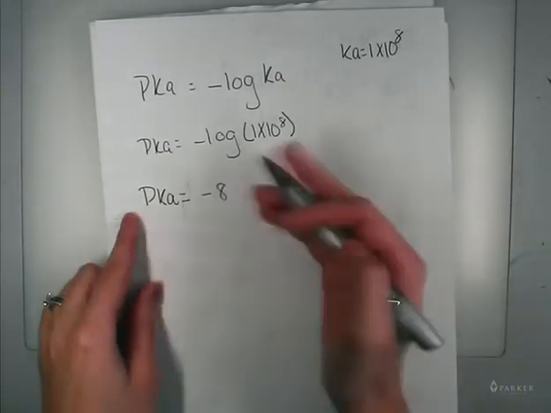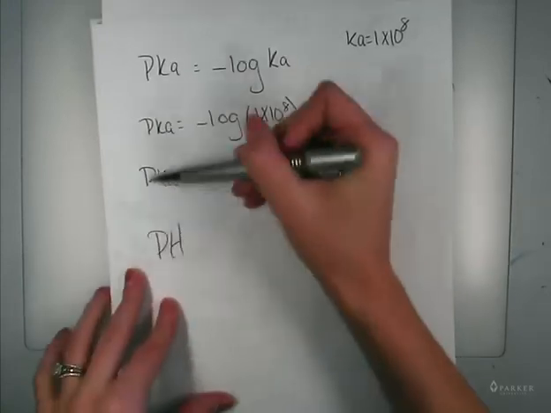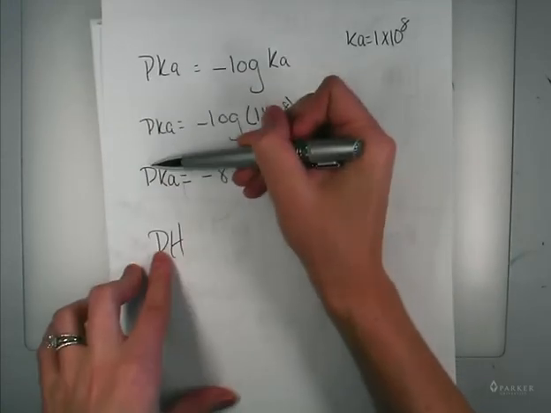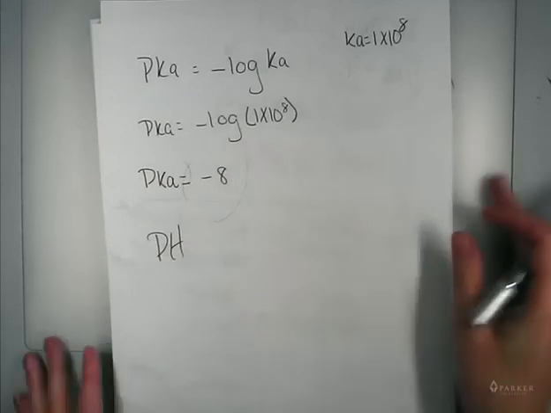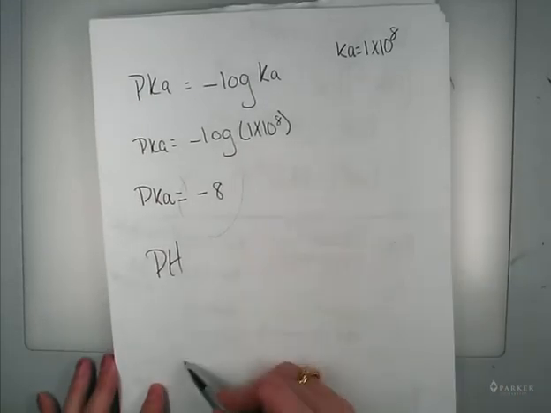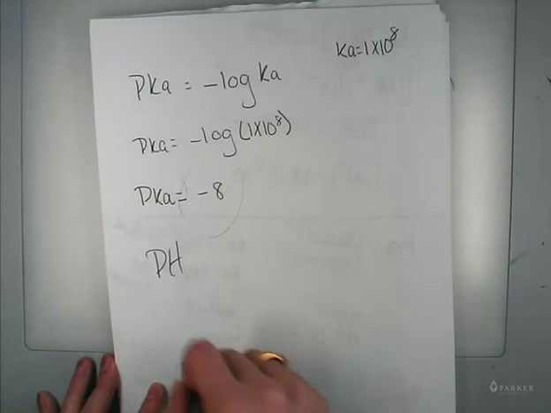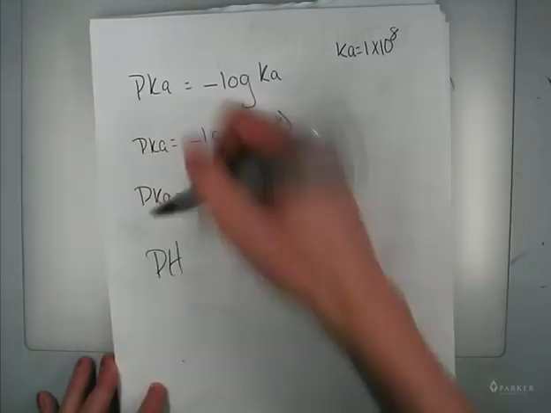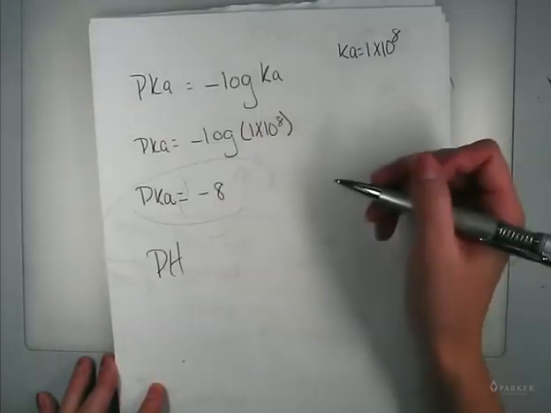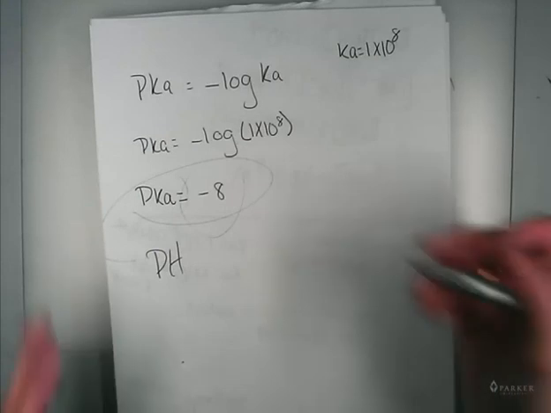Now, do you see that pKa is similar to pH? They both have a P in front of them. The trend is the same. So if I have a lower pH, that means I have a stronger acid. So if I have a lower pKa, I have a stronger acid again.